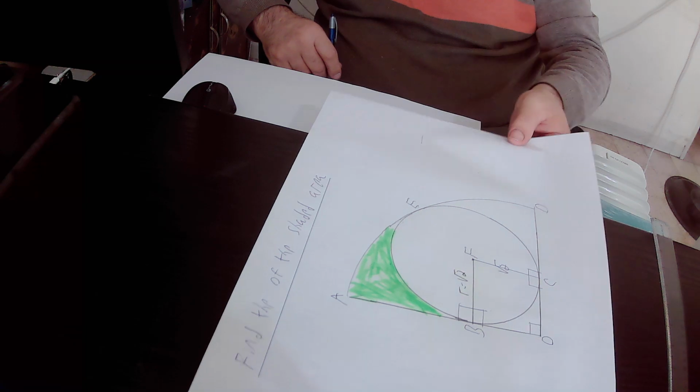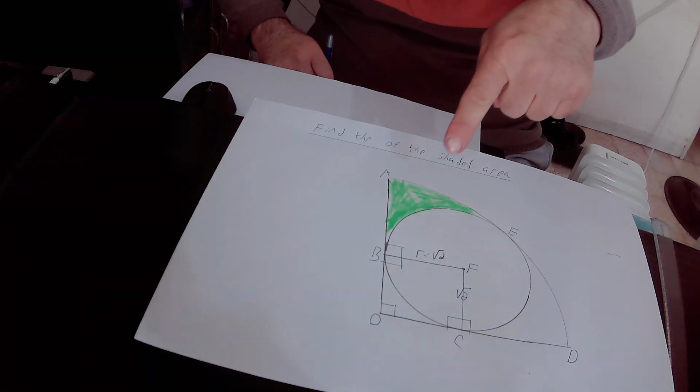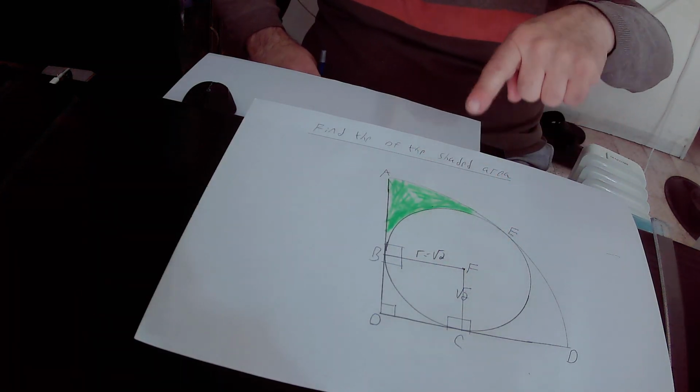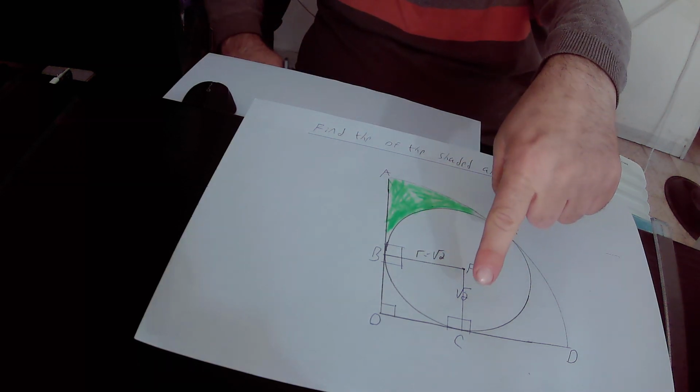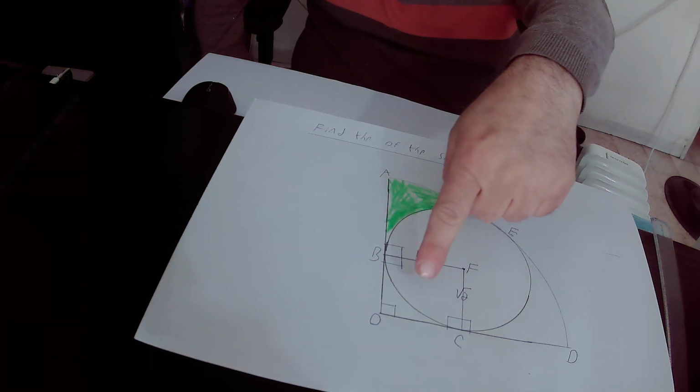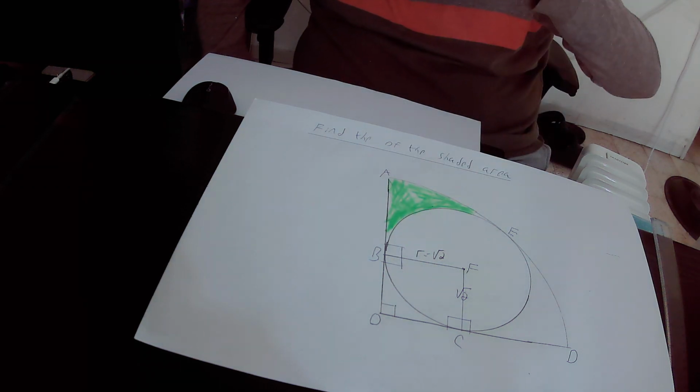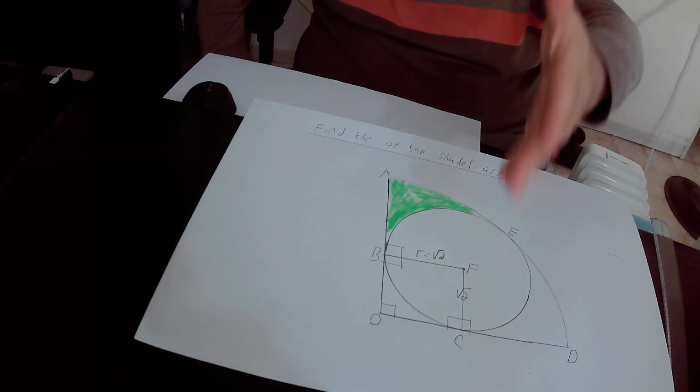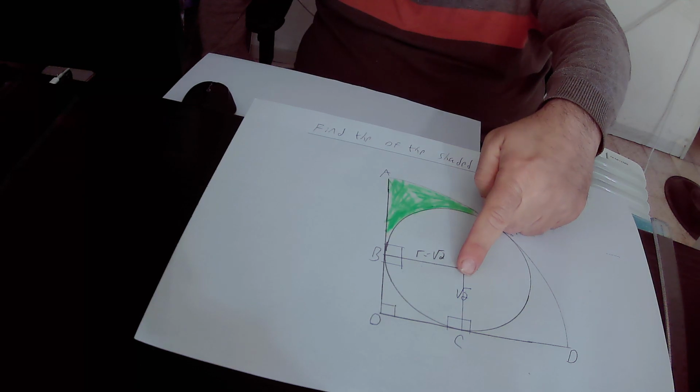In the next step, we'll focus on this quadrilateral BFOC. Inside this quadrilateral BFOC, we have 1, 2, 3 right angles. The sum of 3 right angles is 270 degrees plus the size of this fourth angle.